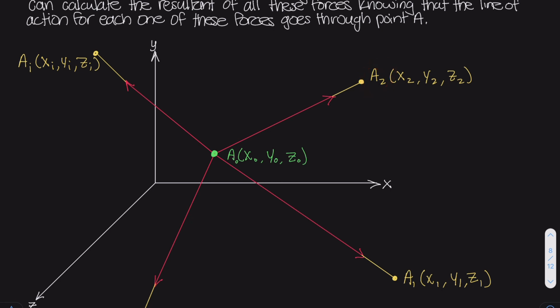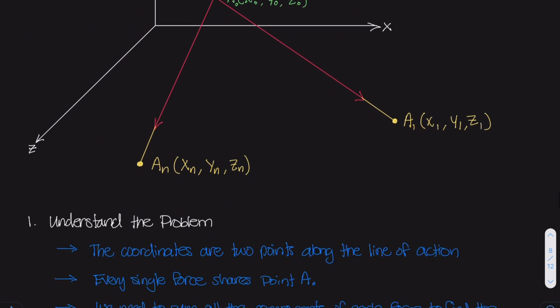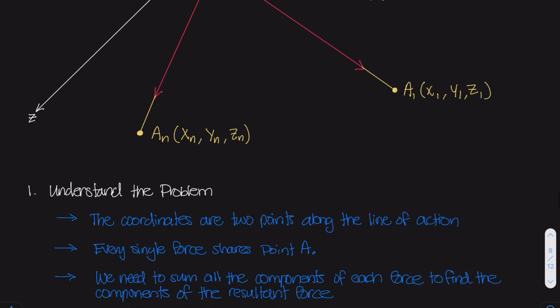So we have A0 as well as A2. From those 2 sets of 3D coordinates, we can figure out the orientation of this line of action. That's important because we need to know in which way this force is acting in 3D space.